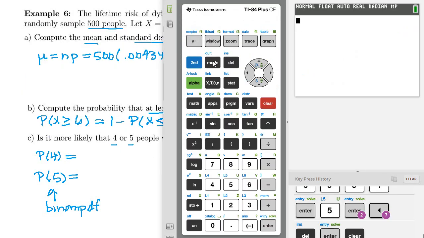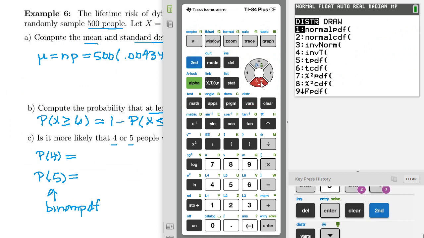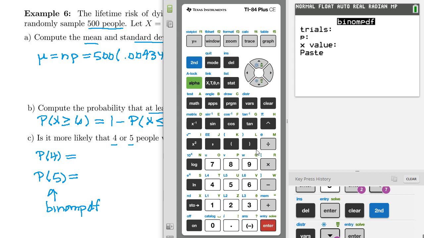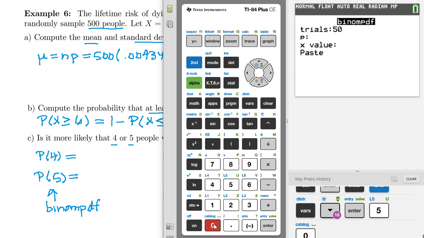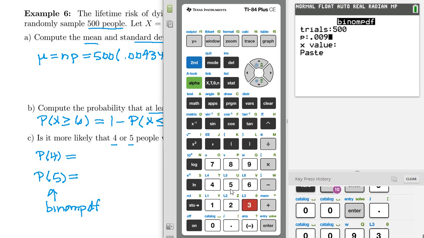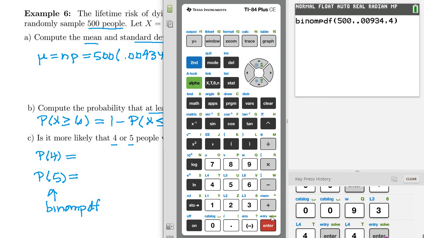So we want to do second variables. Come down to choice A, binomial PDF. Trials are 500. P 0.00934. And then first we do x equal 4. And that gives us 0.1864.